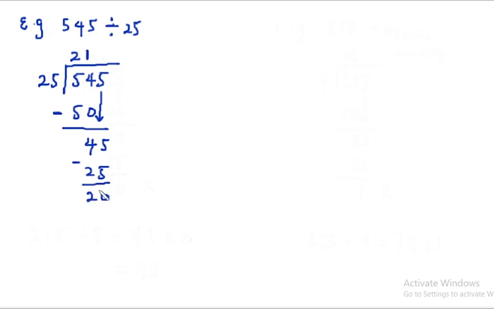So we have 20. 25 doesn't go into this number. This means that the remainder here is 20. So our answer here means that 545 divided by 25 is equal to 21, remainder 20.